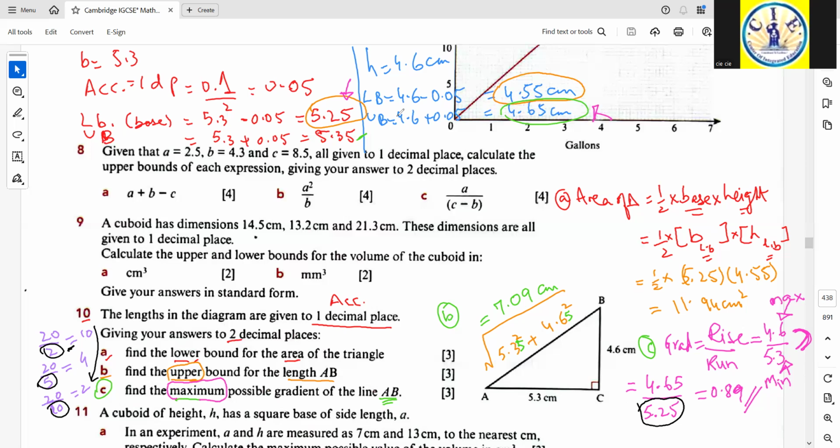And in the same way, to have the maximum answer, the numerator should have its maximum possible value so that we can have the maximum answer of this fraction. So that completes the explanation to question number 10.